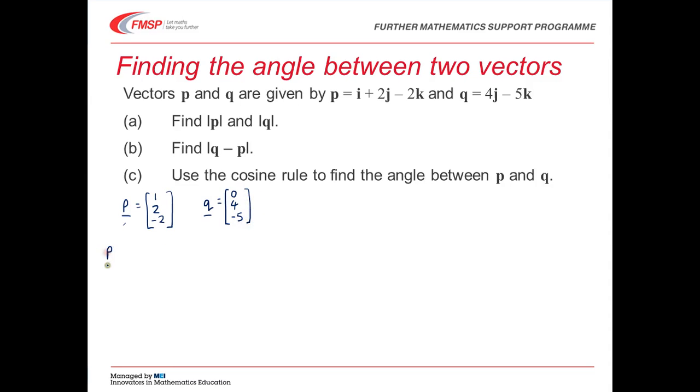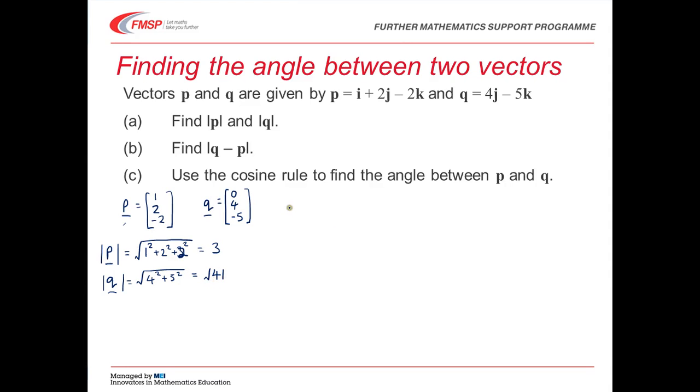And therefore the modulus of P is the square root of 1 squared plus 2 squared plus 2 squared, which is 3, and the modulus of Q is 0 squared plus 4 squared plus 5 squared, which is root 41.